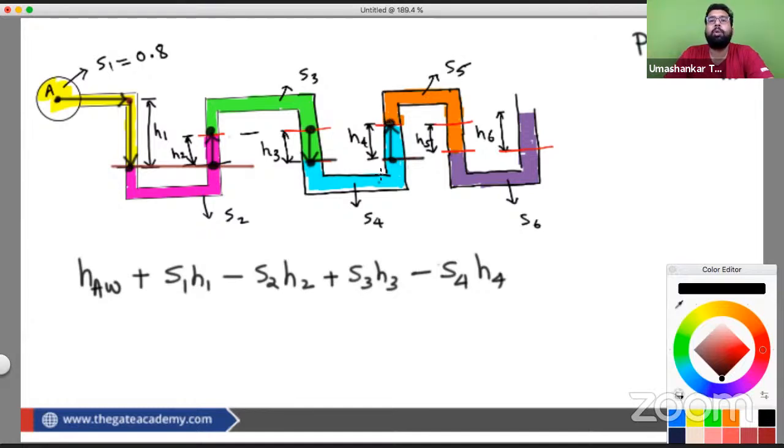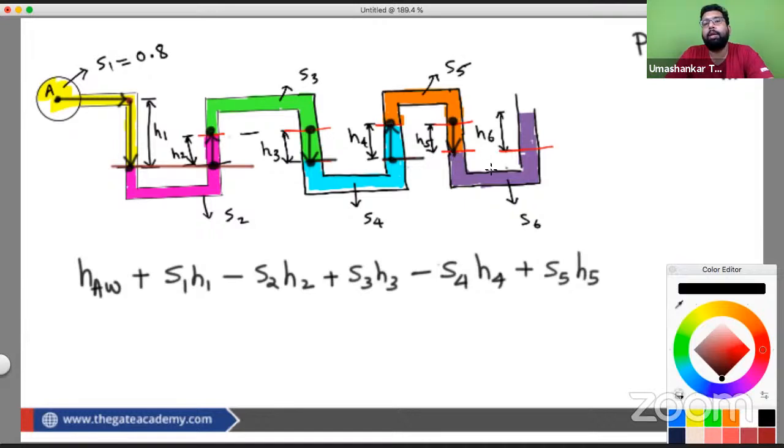Now we have reached this point. From this point to this point, we can directly jump, and no difference will be happening. From this point, we will be moving downward by the distance of H5 in the liquid S5, so this is going to be S5H5.